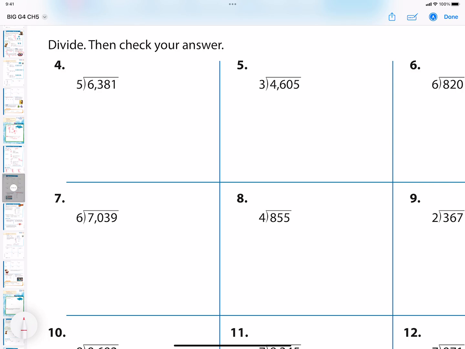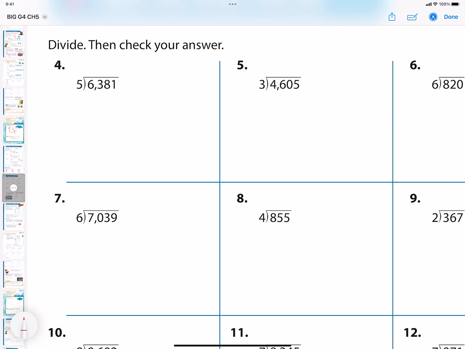Okay, if you're not sure, what did I say? Yes, you can always multiply the divisor and the quotient, and then add the remainder if you have any, or if you don't have anything, you don't have to add anything. Then see if your product of divisor and quotient is going to be the dividend.